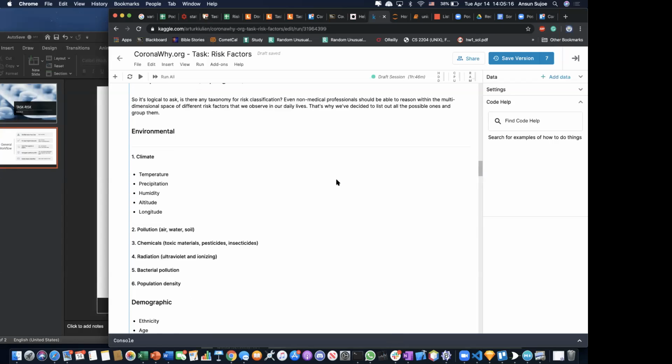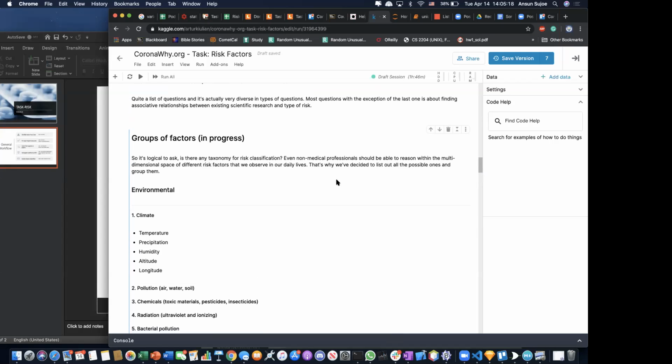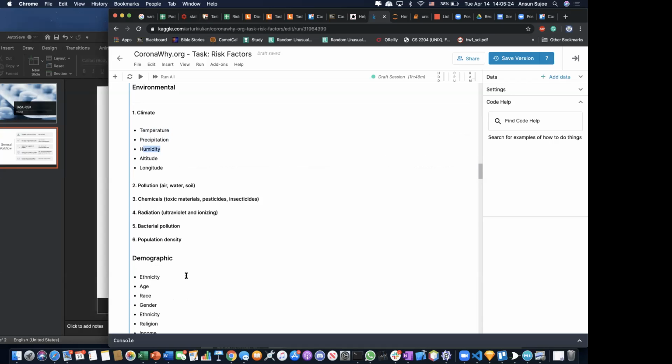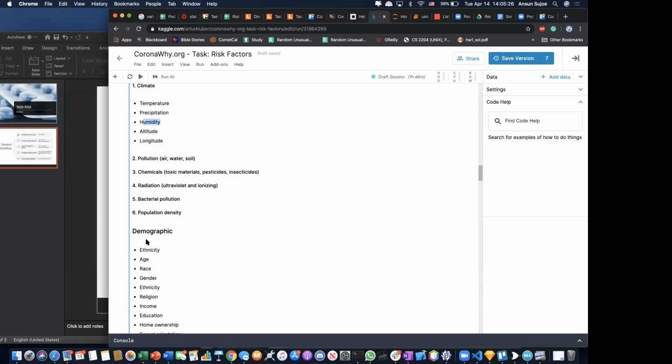So I'm assuming for environmental, we're using meteorological data. We got temperature and humidity probably, which are the core factors for that. And I'm pretty sure TaskGeo has demographic data that we could use to support that.